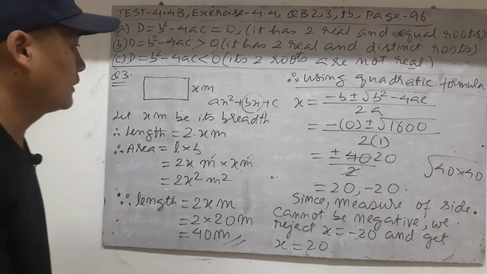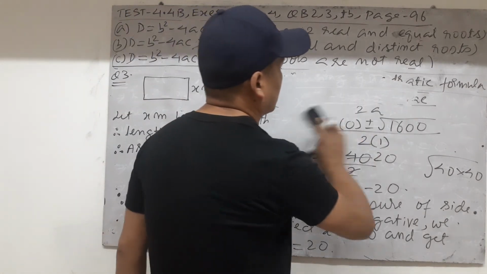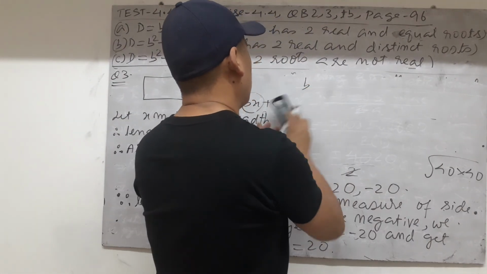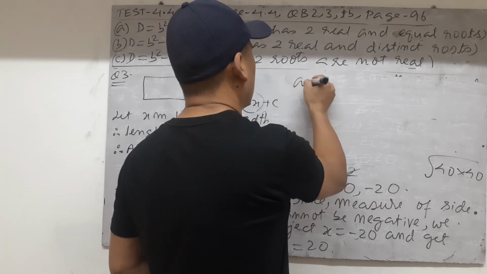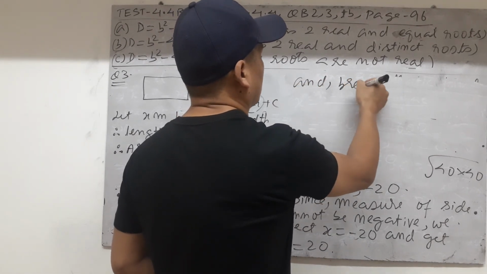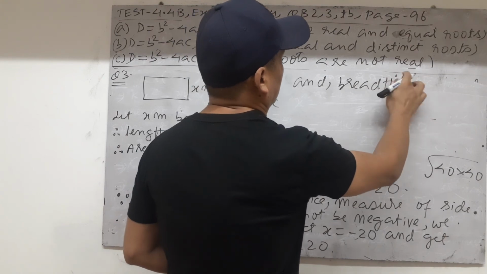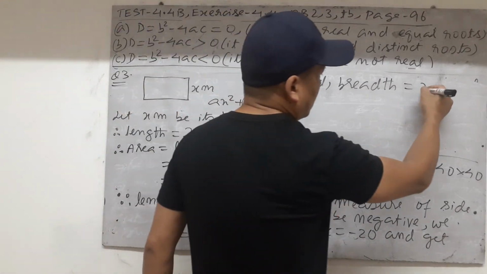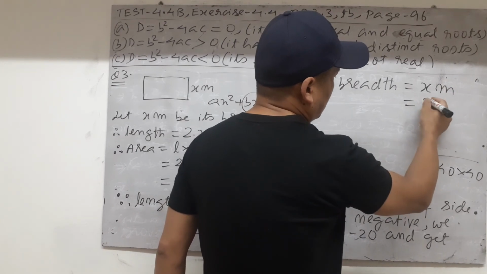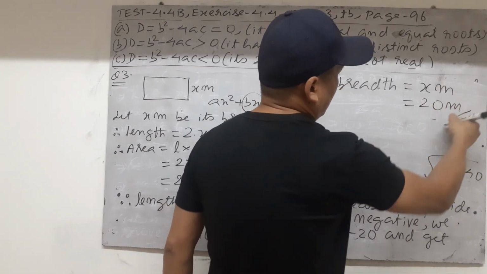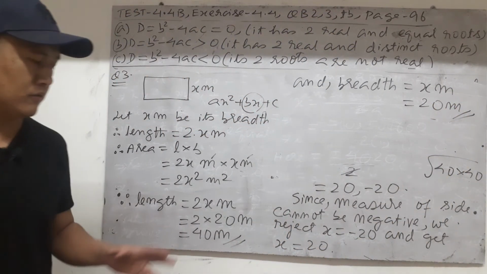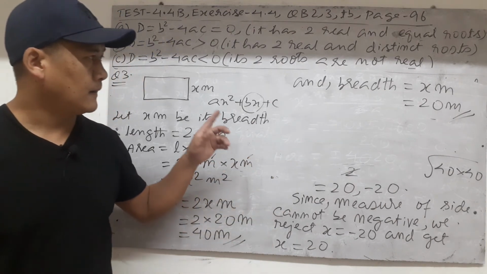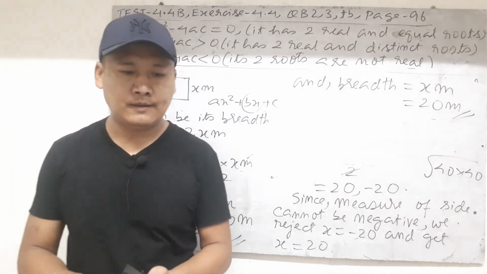Then next, the breadth. So write down, and its breadth is, go back here, x meter is the breadth. So go back to the beginning, x meter. So x is just now accepted 20. So the breadth is 20 meter, length is 40 meters. That's our answer. I hope you got it right.